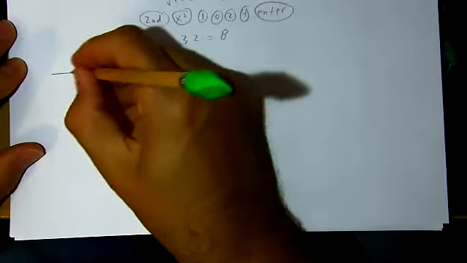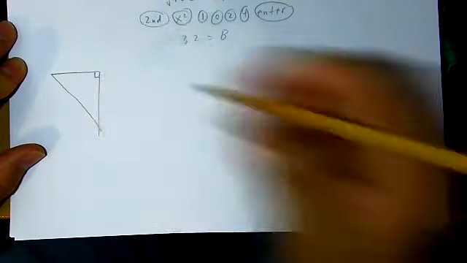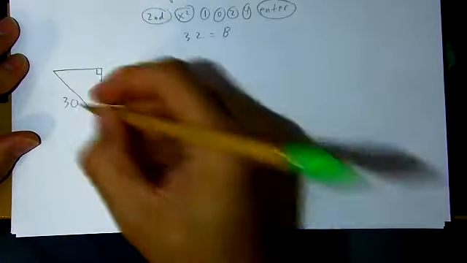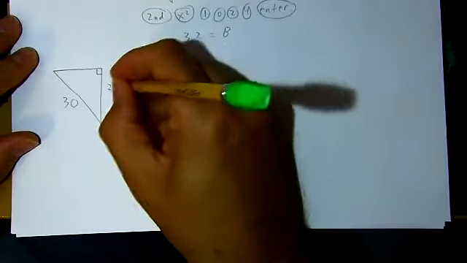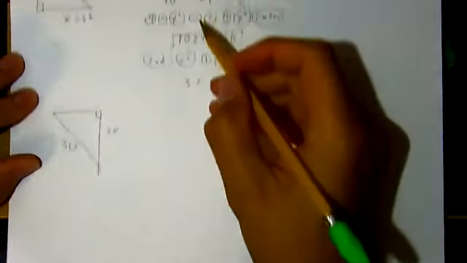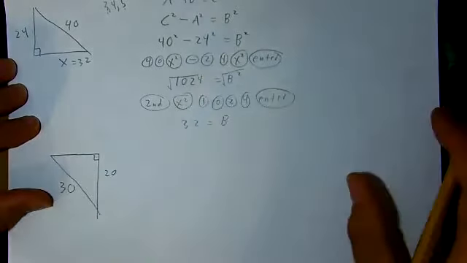Let's do one that's upside down. Again, they might give you the hypotenuse and one short side. So we would use this formula again right here if they give you the hypotenuse.